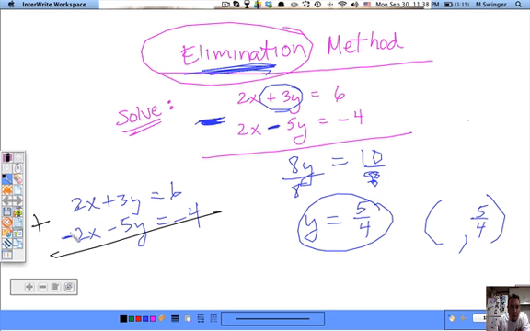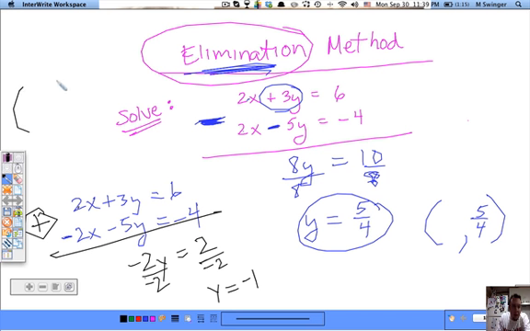So this plus this, nothing. 3 plus negative 5 is negative 2 y's equals 6 plus negative 4, which is a positive 2. Divide, look, you got y by itself. Divide by negative 2. Y equals negative 1. And so far you have half your coordinate, negative 1. And plug it back into one of these and you'll find x to finish your solution.